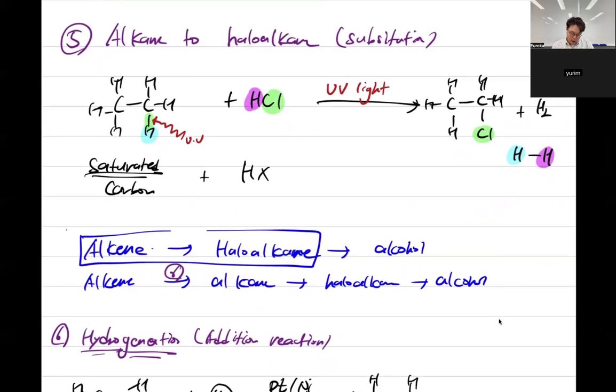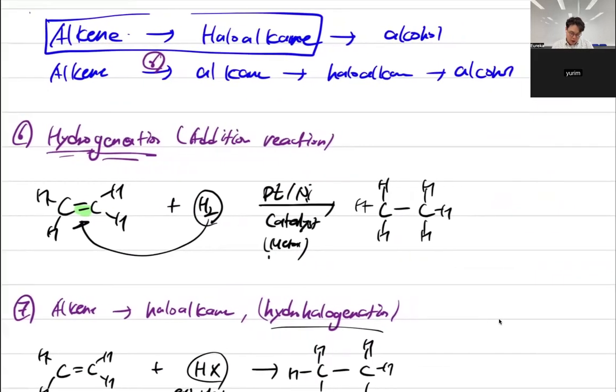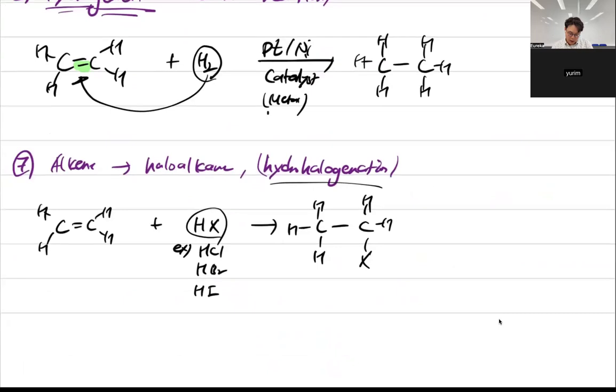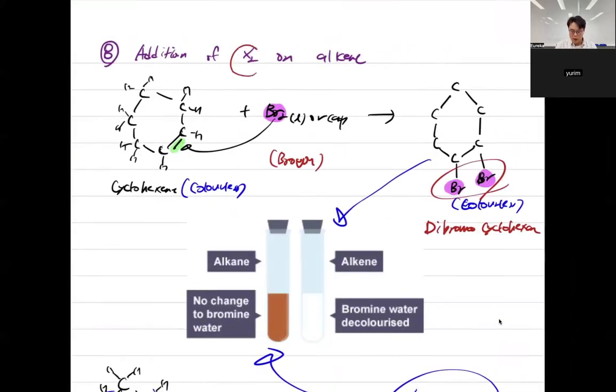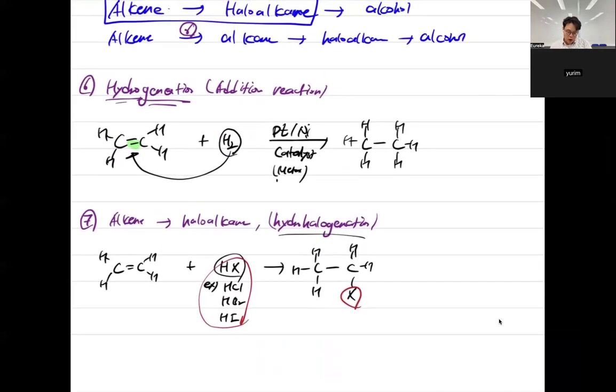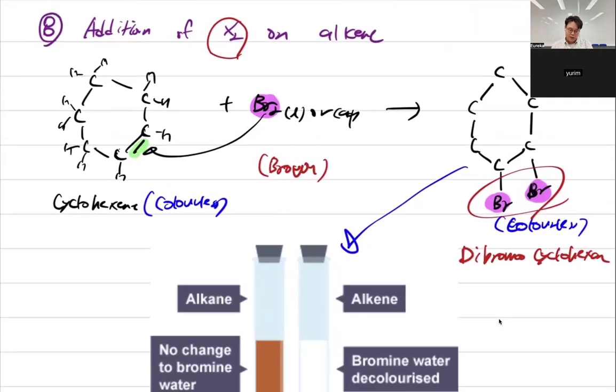Compared to when we add HX, hydrohalogenation, where only one X is attached, adding X2 produces an alkane with two halogens attached, not just one. So it makes a huge difference between the two. And we don't really use cyclohexane or dibromo to produce the alcohol. So you can just understand that as the main difference between the two.